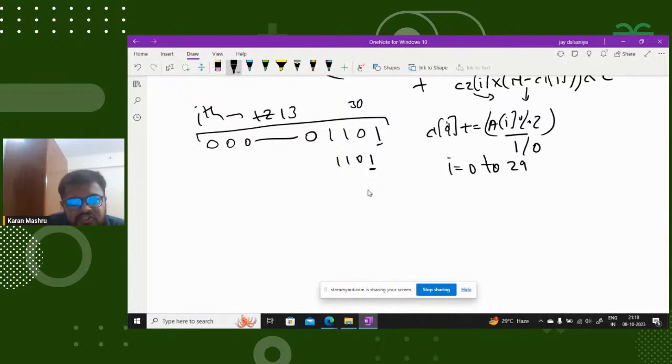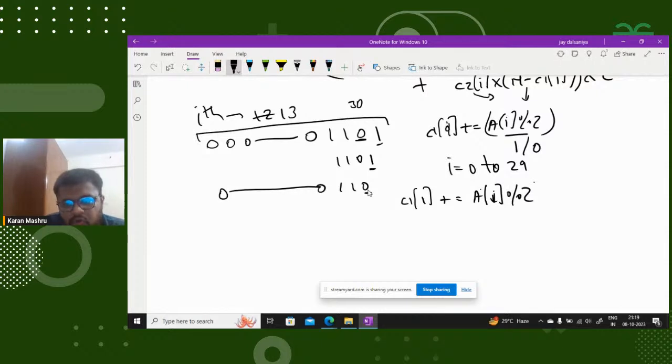Then after the first step, I'll divide my number by 2. So it will become 110, and your remaining 27 bits will be 0. So basically the bit which was at the first position came to the 0th position after dividing it by 2. So now I will say C1 of 1 plus equals A of I, the ith element, modulo 2, right?